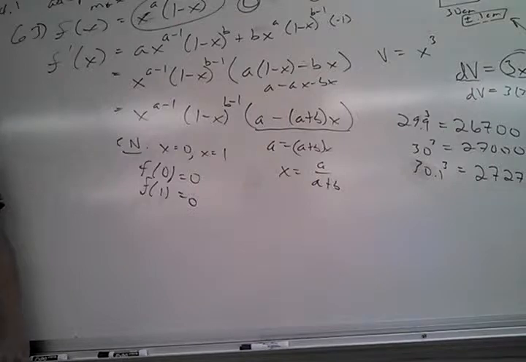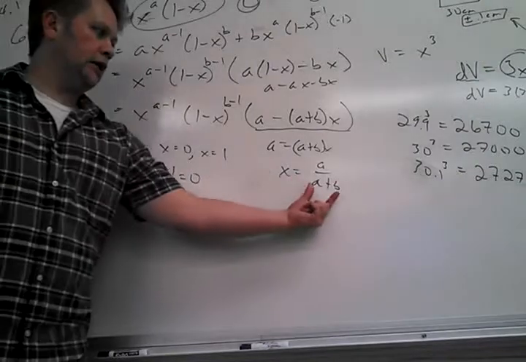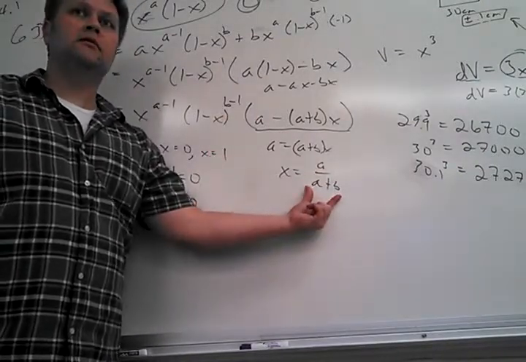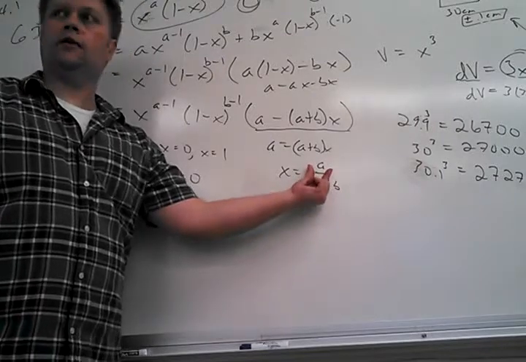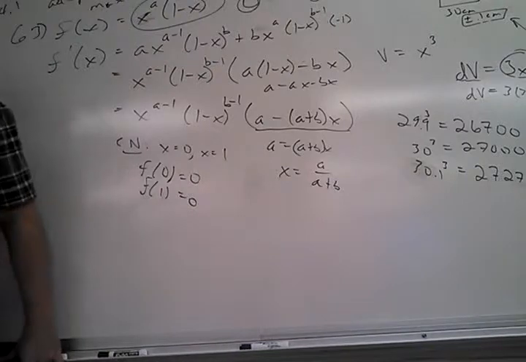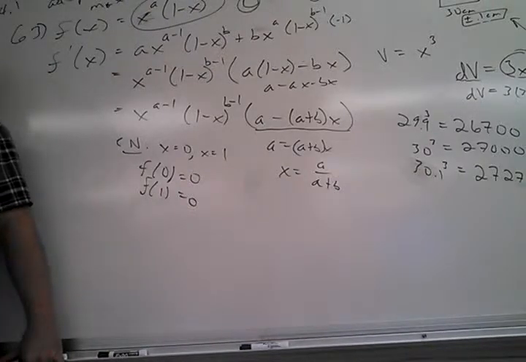Is that between 0 and 1? a and b are both positive. So a plus b must be bigger than a, right? So this is a proper fraction. It's between 0 and 1 by definition. Let that sink in.